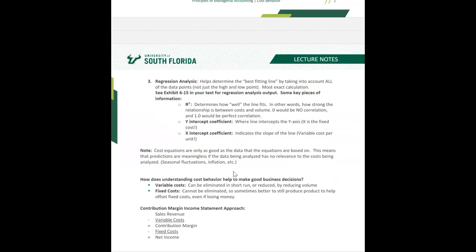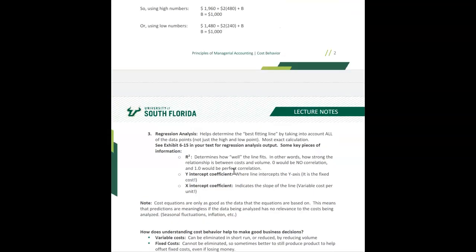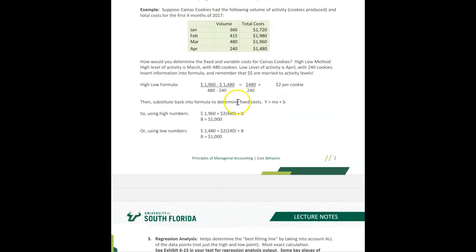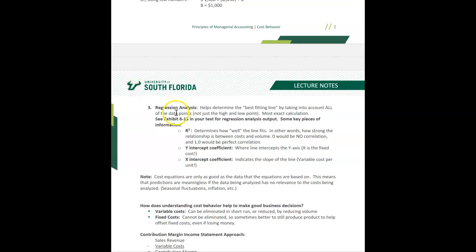And then the last method that we're going to use is regression analysis. And that helps determine the best fitting line by taking into account all of the data points. So the difference between high-low and regression is that regression uses all of the data points, whereas high-low only uses the high and the low.